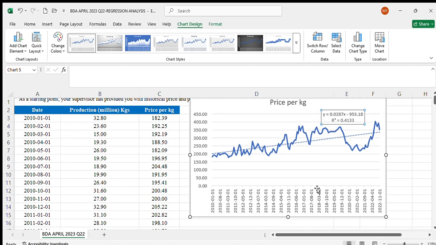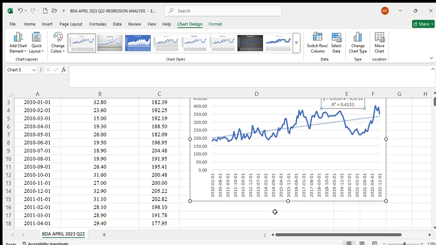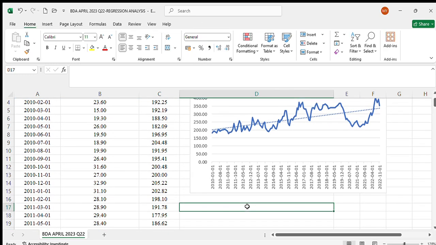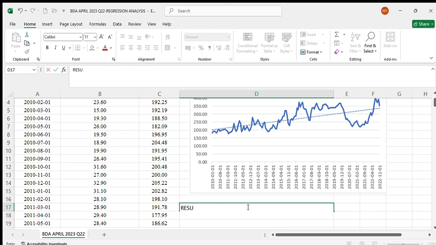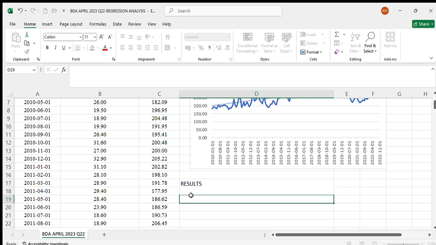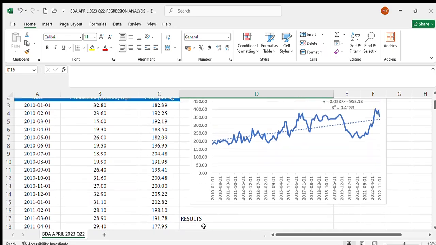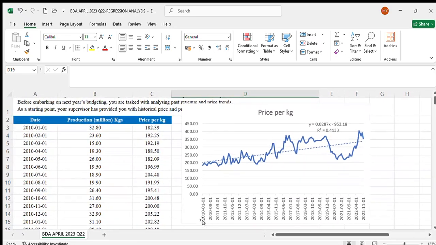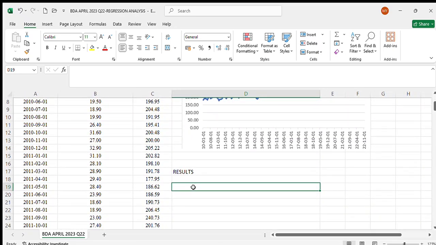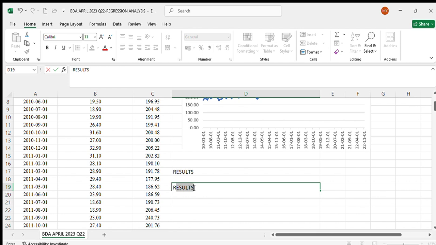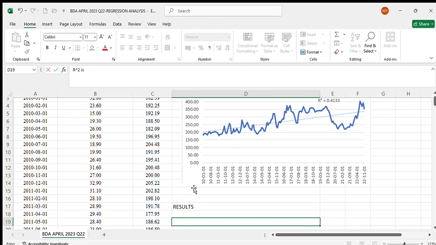Then now the discussion, now we can discuss the result here. Results. Now we say the R squared. Start with the R squared. R squared is 0.4133.